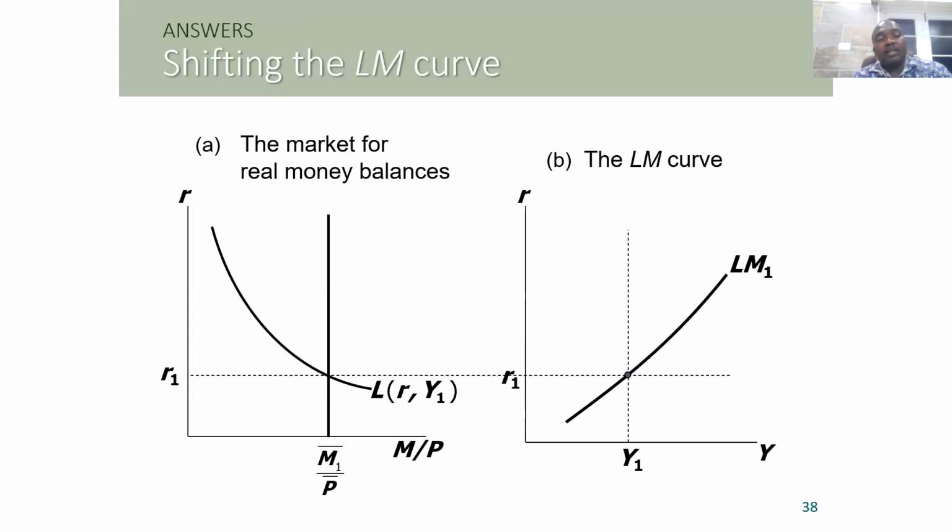We start with panel A, which shows our money market situation with an initial equilibrium of R1, M1 bar over P bar. And on panel B, we have that initial point on the LM curve, which is R1 and Y1.